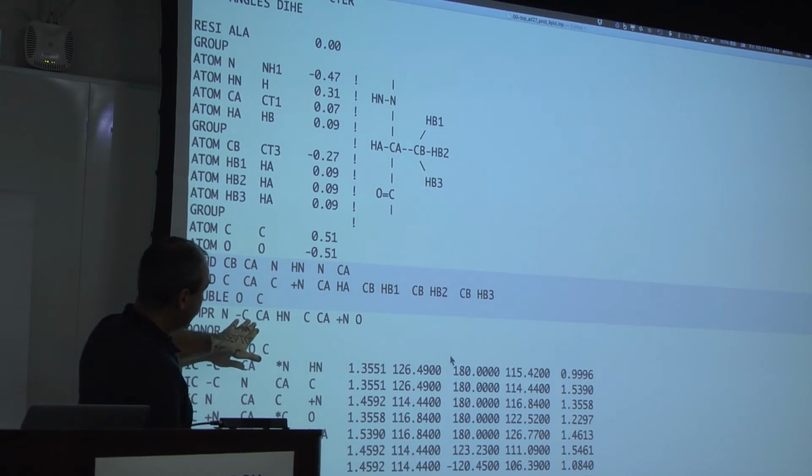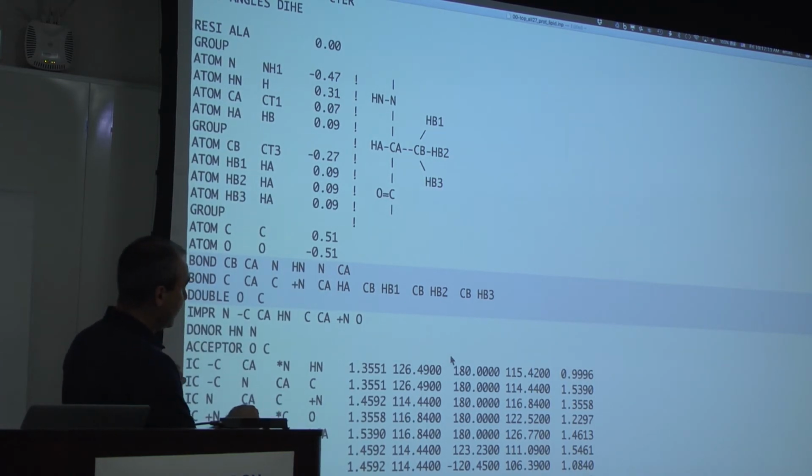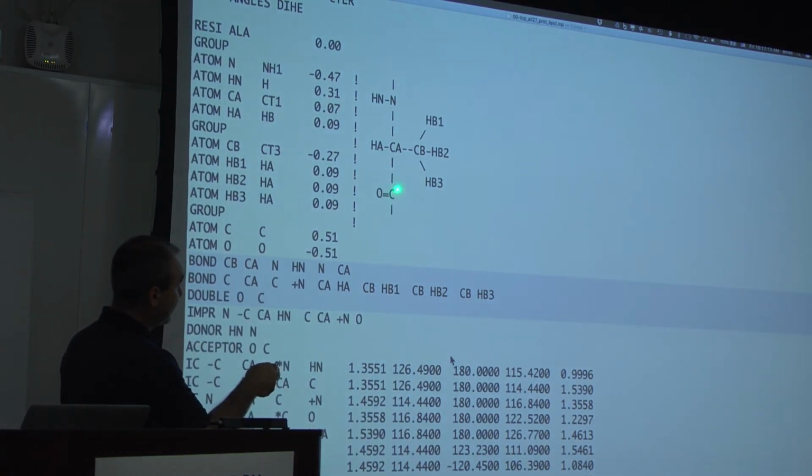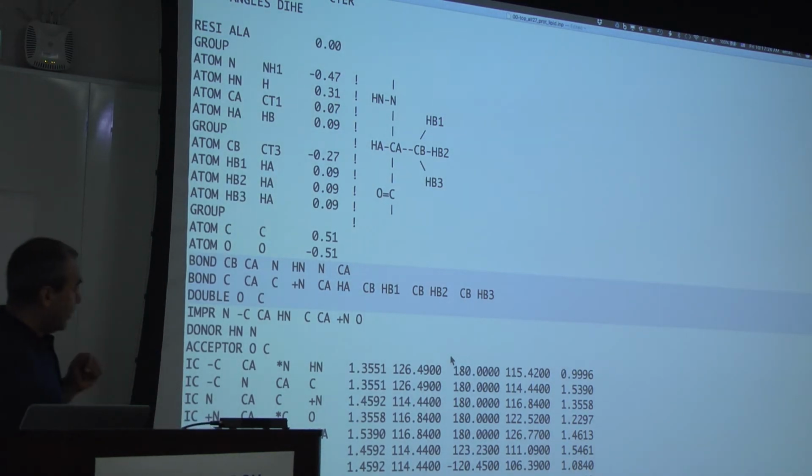So that's one center, and the other center is this carbon, again connected to C alpha, nitrogen of the next residue, and the oxygen of the same residue. Again, another sp2 center. So we are done.